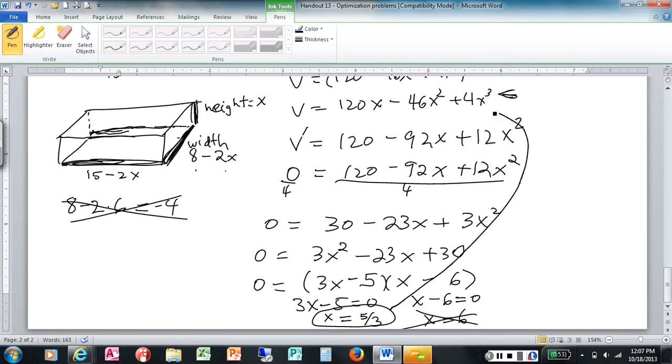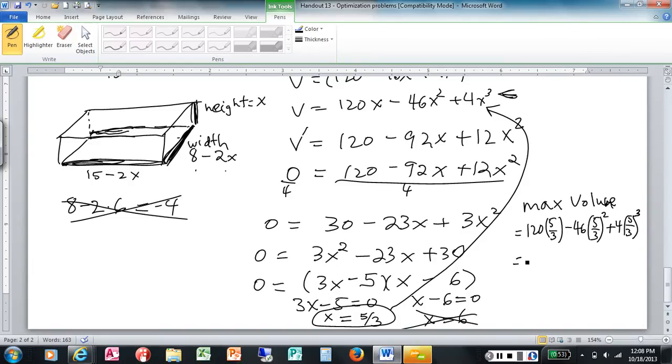I guess I'll go right here, since I can see it on my screen. So it's 120 times 5/3 minus 46 times 5/3 squared plus 4 times 5/3 cubed. And of course, if you wanted the dimensions, then you'd have to go back to the other one.